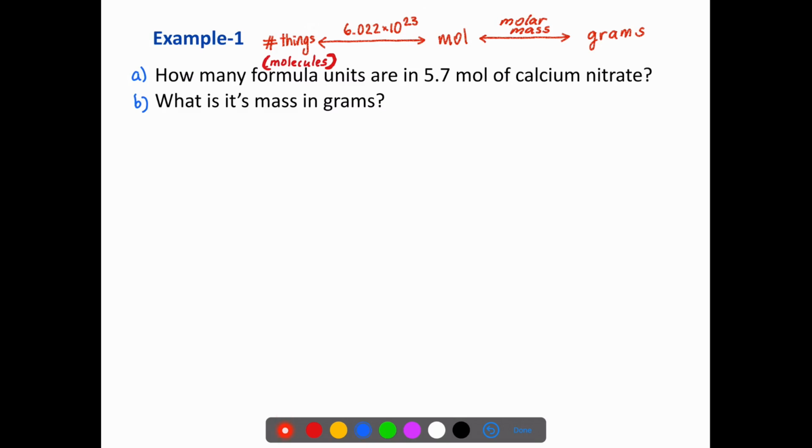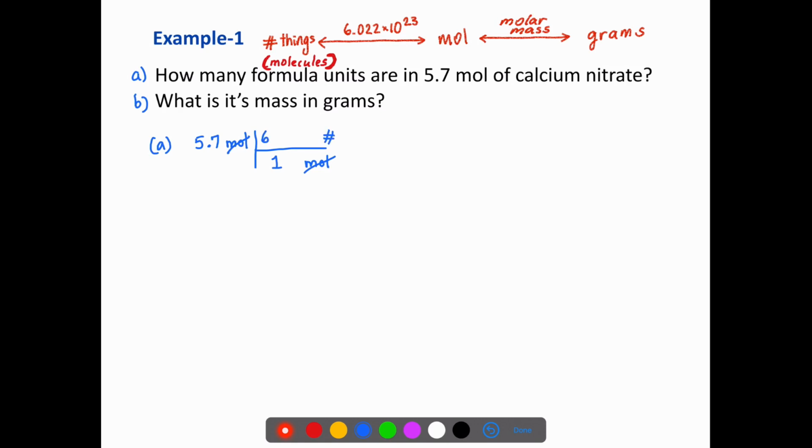So if you have 5.7 moles of calcium nitrate, you have to use the Avogadro number to connect them. Moles should be on the bottom because you want to cancel those out, and number of things should be on the top. So 1 mole is how many?